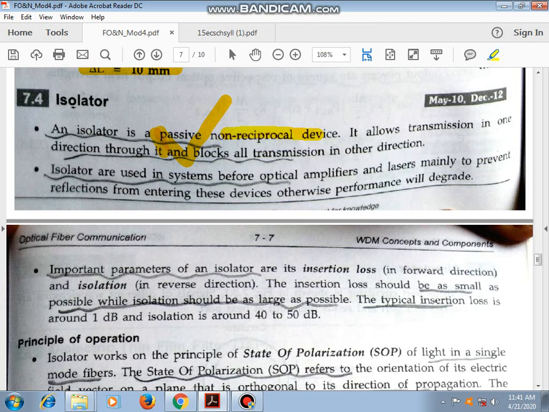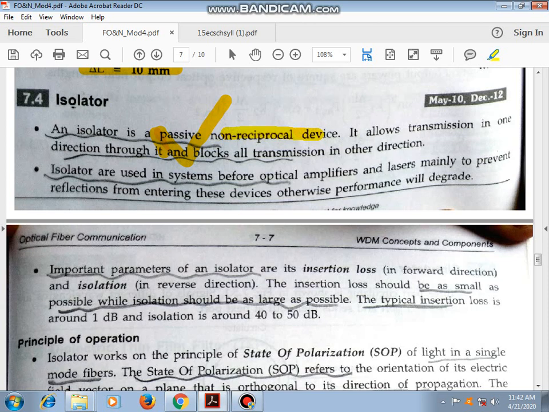To avoid this, you are using an isolator. The purpose is mainly to prevent reflection from entering these devices, otherwise performance will be degraded. Obviously if you get a reflected signal back into your fiber, your fiber performance will be degraded. So you will use the isolator here.